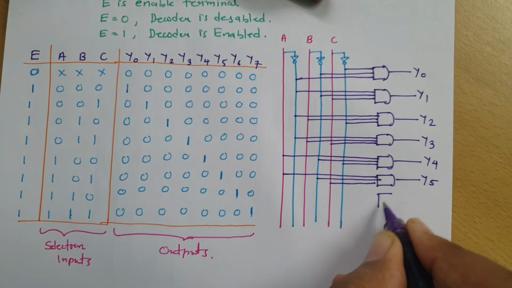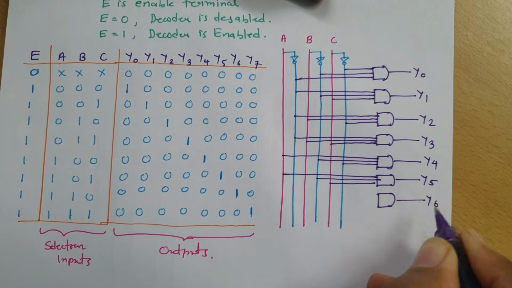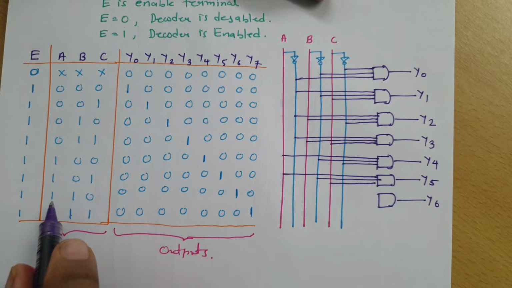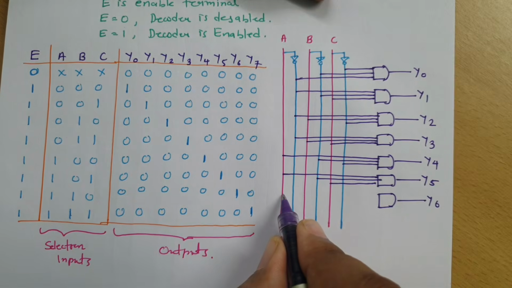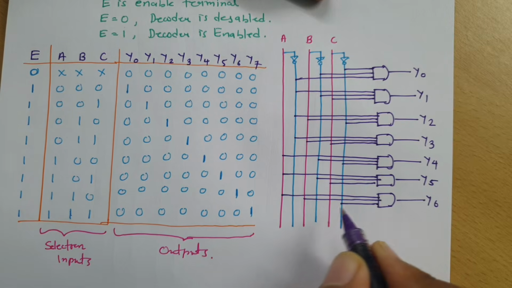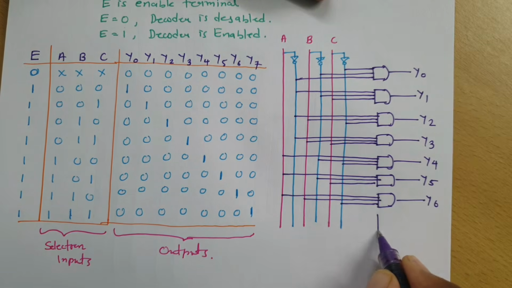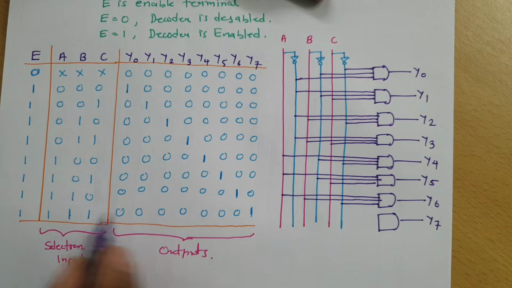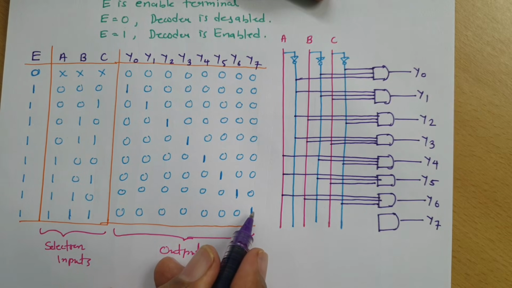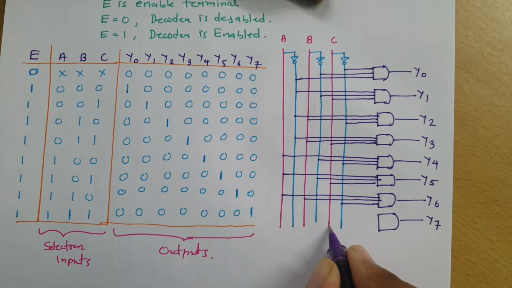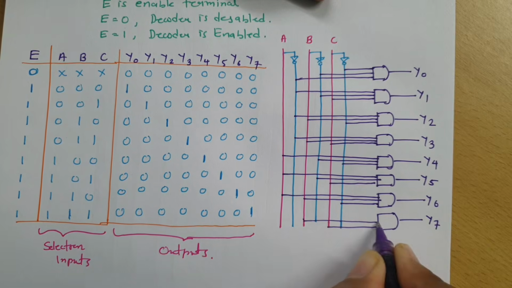And for Y6, ABC is 1 1 0 means A, B and C bar that we need to connect. And for Y7 decoding, ABC should be 1 over here. So A, B, C should be active high. So you see I am connecting it.